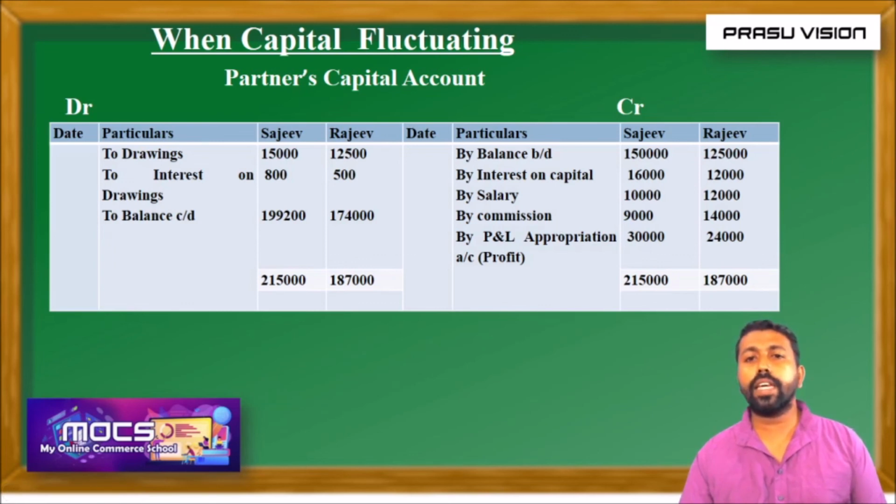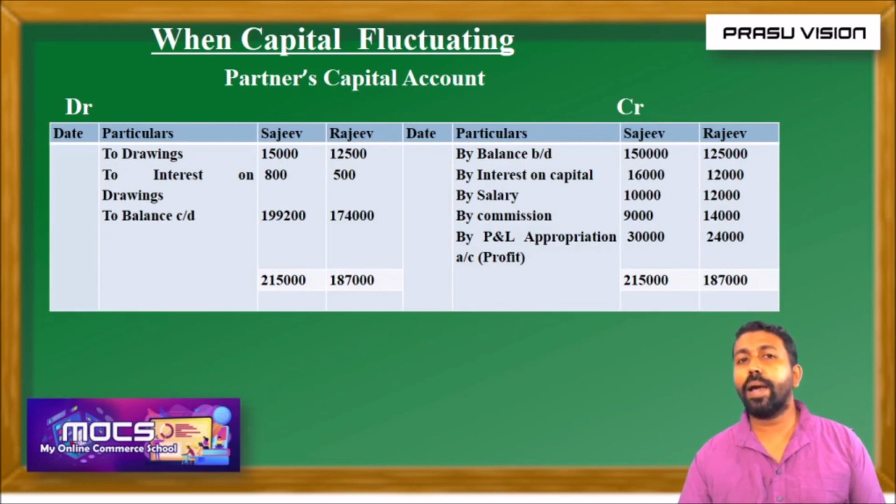If we are preparing the capital account as per the fluctuating capital method, we will never take interest on loan in the partner's capital account. We will open another account that I will give in the last. So the profit and loss appropriation account is recorded here. Then drawings, interest. Look here, we didn't take the amount of balance in the current account.